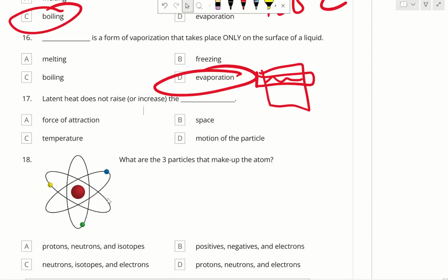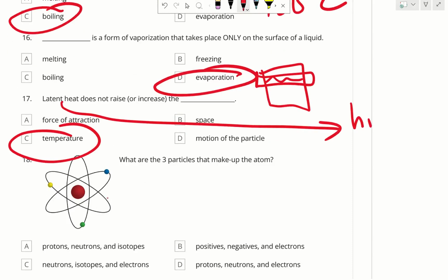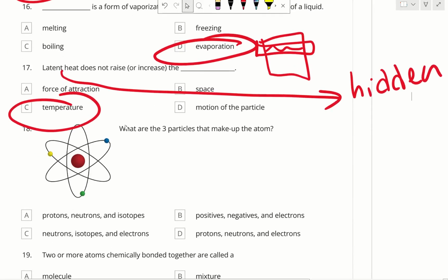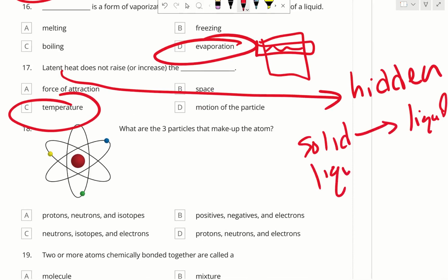Number 17, latent heat does not raise or increase the temperature. Latent means hidden. So the temperature does not change when I'm changing from a solid to a liquid, or liquid to a gas, or whatever.